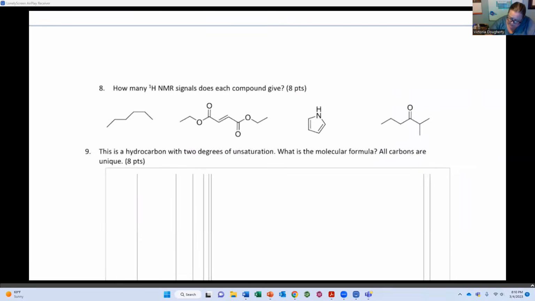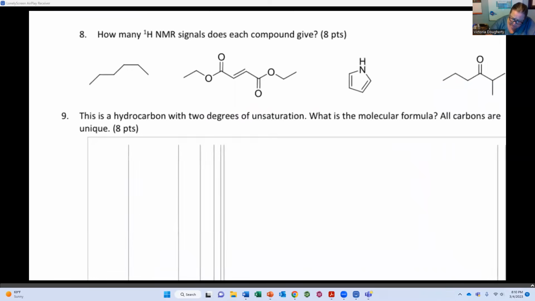Moving on to spectroscopy. Yay for spectroscopy. How many proton signals does each compound have? Well, 1, 2, 3, 4, 5, 6. So this is hexane. So my two terminal methyls would be the same. The second CH2 would be the same.